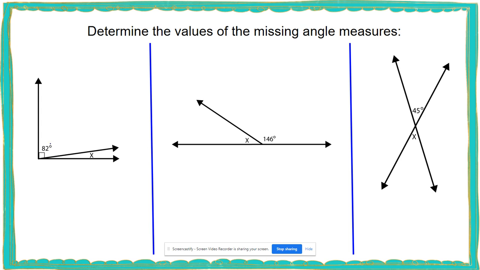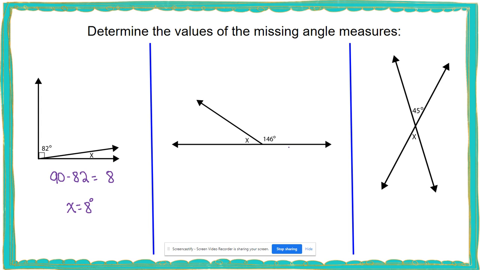I know that this whole thing is equal to 90 degrees. And if this angle is 82 degrees, then to find x, I'm going to take my 90 and subtract 82 from it. When I do 90 minus 82, I get 8. So that means for this problem, x is 8 degrees.